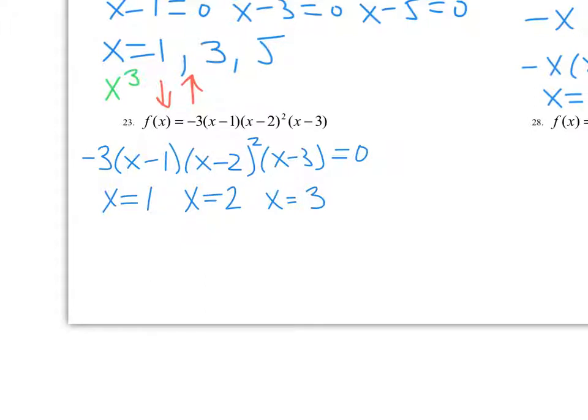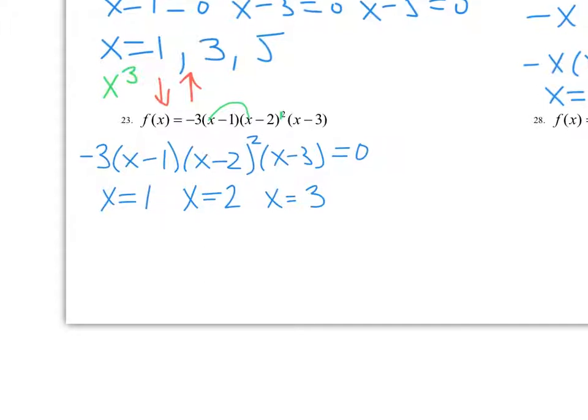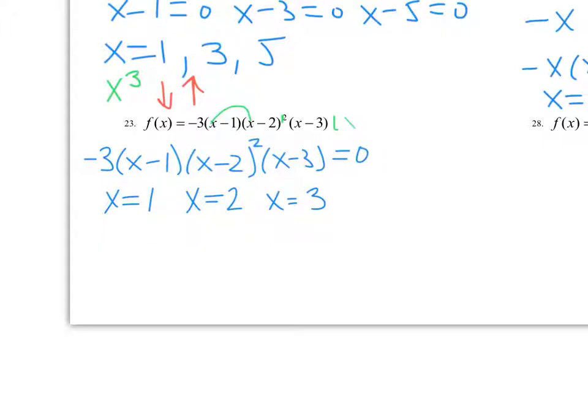All right, now let's think about what the leading term would be. So the leading term we're going to get by multiplying all of the x's together. But think about this middle term, x minus 2 squared. It's like there's 2 of those. So if I take away that exponent of 2, then I have to multiply by another x minus 2.